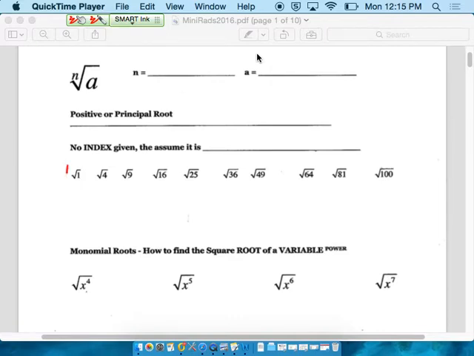You can see the square roots that I've given you here. I don't have a sign written outside of any of these. So if no sign is indicated, it's assumed that you're looking for the positive or principal square root.